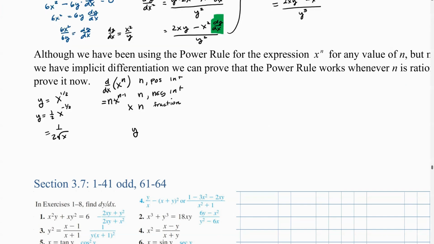Let's say y is equal to x to the nth, and again, n is some fraction in the form p over q. P and q are integers. Right? In fact, I'll just rewrite it that way. y is x to the p over q. All right? Let me take this expression. Drag one more time.